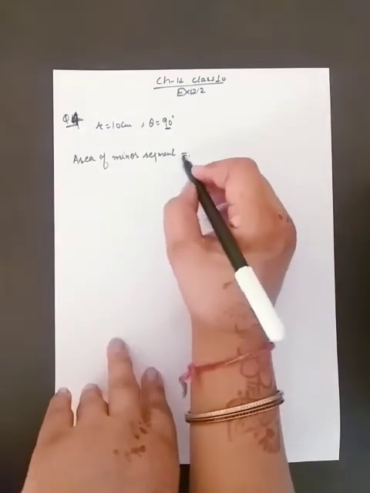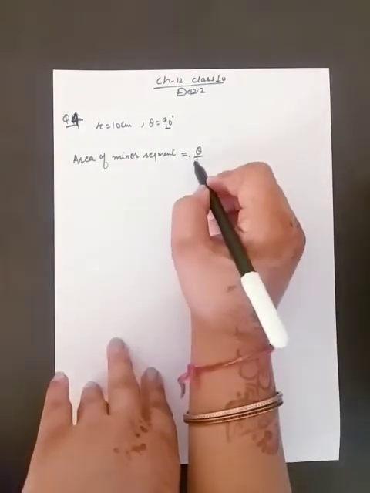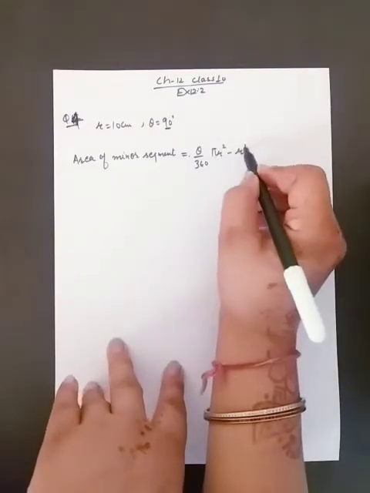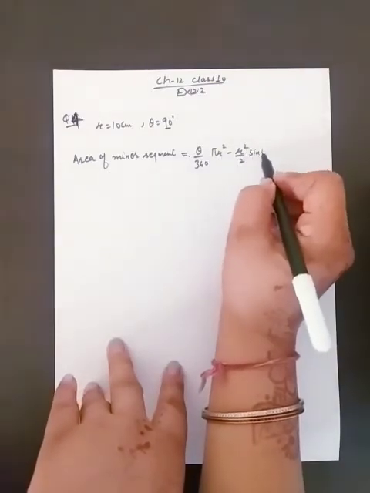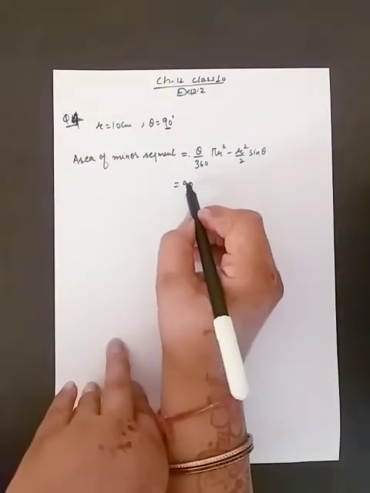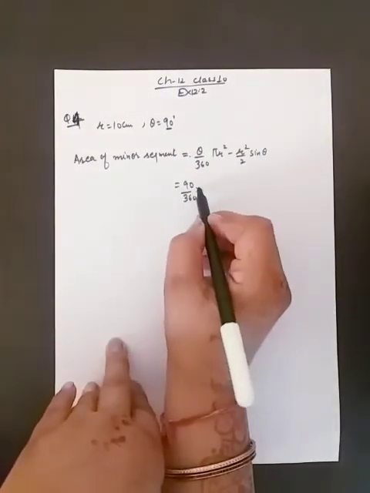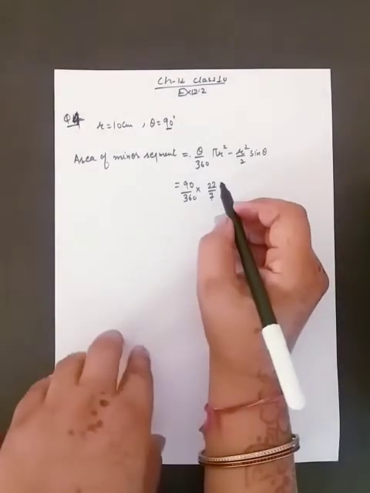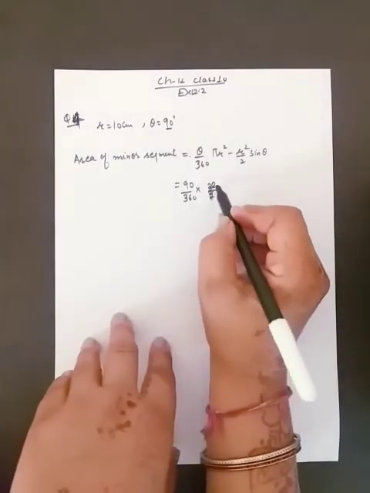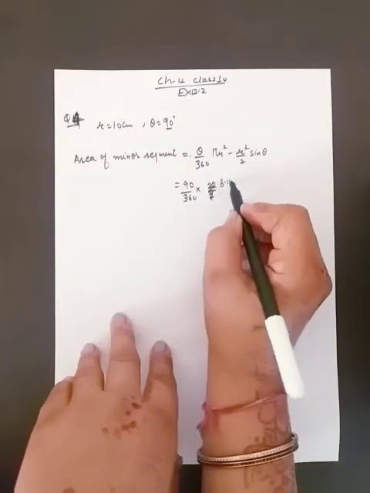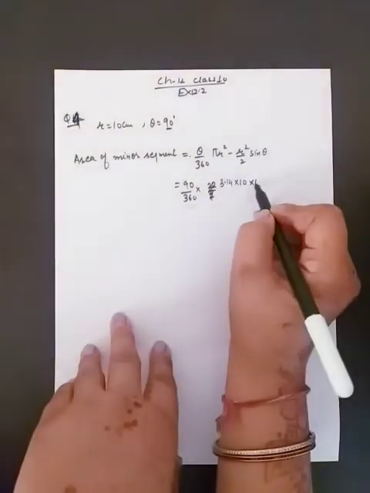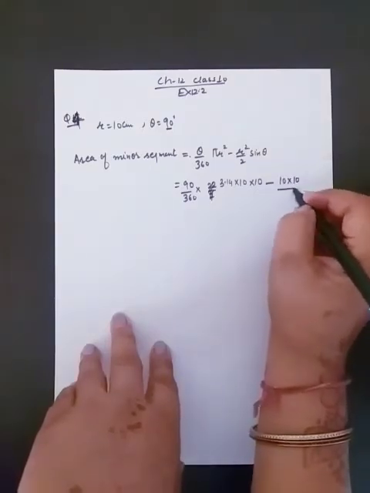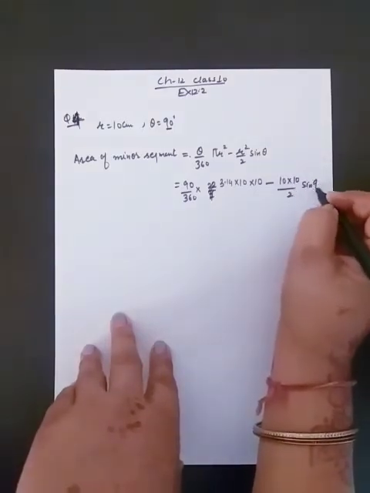And what is the formula to find the area of segment? Theta upon 360 pi r square minus r square by 2 sine theta. Now theta is 90 upon 360, and the value for pi is given here, that we have to use 3.14, into 10 into 10 minus 10 into 10 by 2 and sine 90.